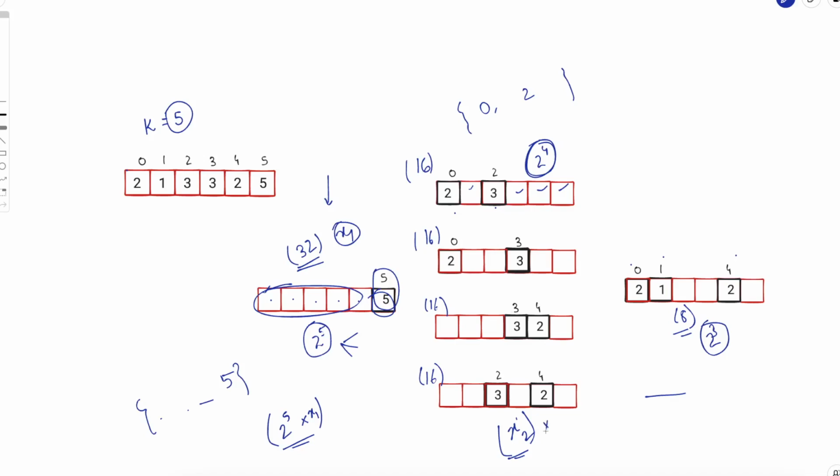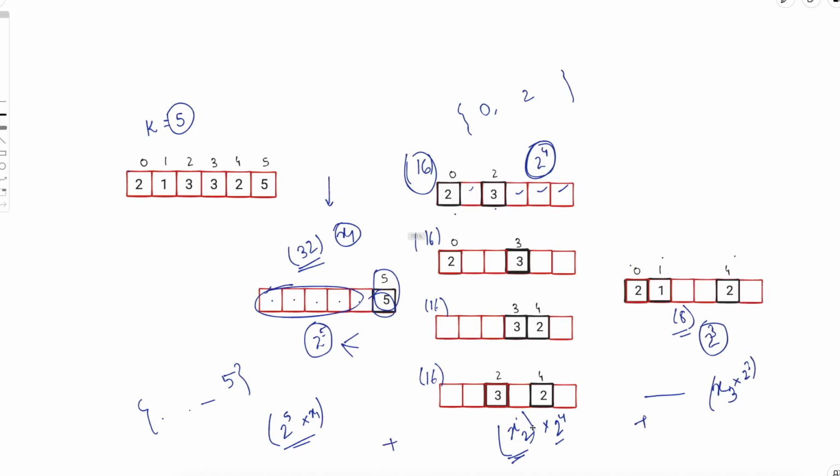So you will simply add x2 multiplied by 2 power 4 to your result. So notice you add 16 for each of them, right? So you simply add 16 x2 number of times. Similarly, you will figure out how many subsequences are there which can sum up to 5 and have 3 elements. So let's say this is x3. So you will simply add x3 multiplied by 2 power 3 to your result. So overall, this will be your final result.